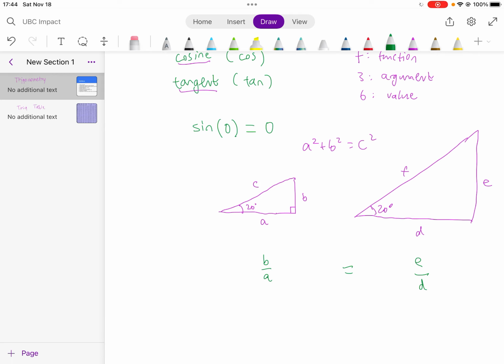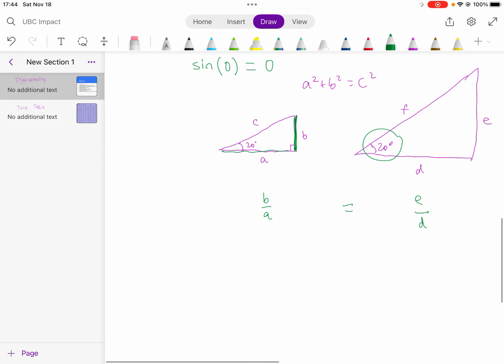So it turns out that no matter how big or small this triangle is, as long as this angle here is 20 degrees, the length of the side opposite the angle divided by the length of this bottom side is always going to be the same number, even if you make the triangle bigger or smaller. The only condition is that the angle is 20 degrees.